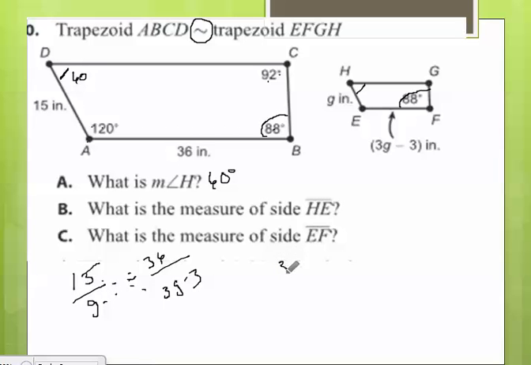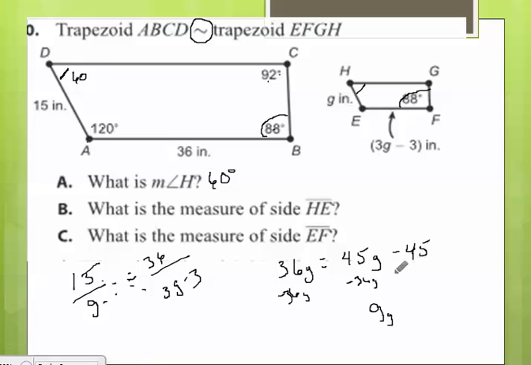And I get 36G is equal to 15 times 3G, which is 45G, and 15 times minus 3 is minus 45. Well, I'm going to subtract the 36 G's from this side and from here, and I'll get 9 G's.